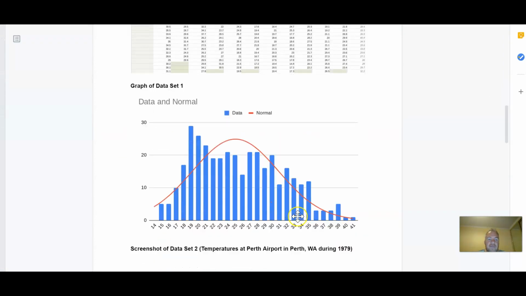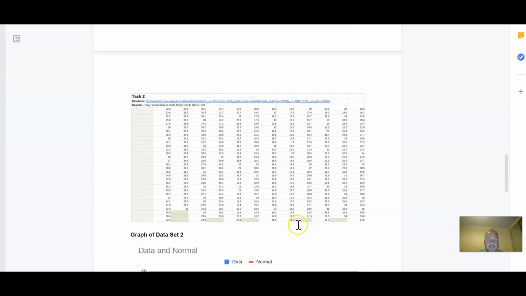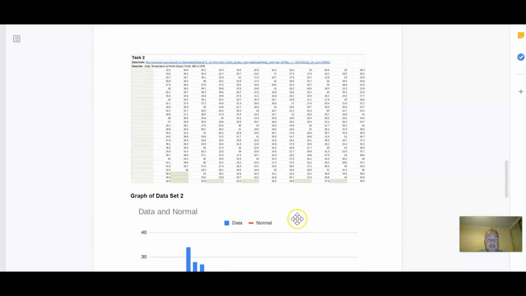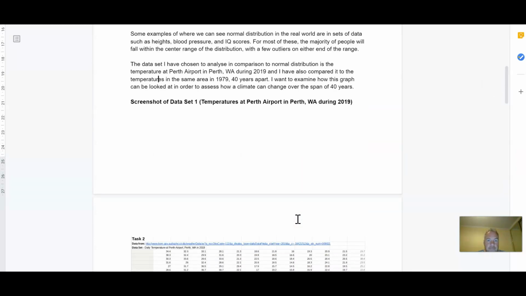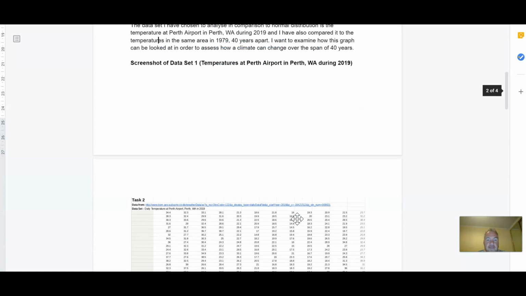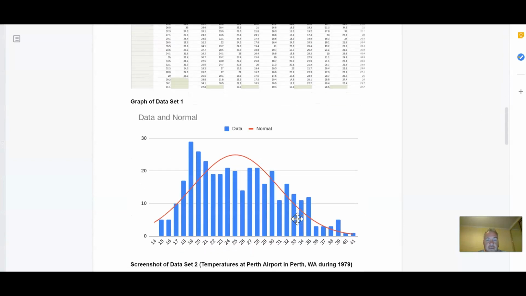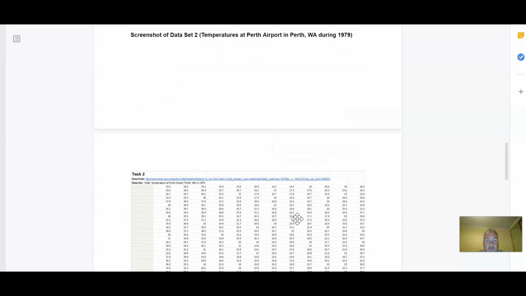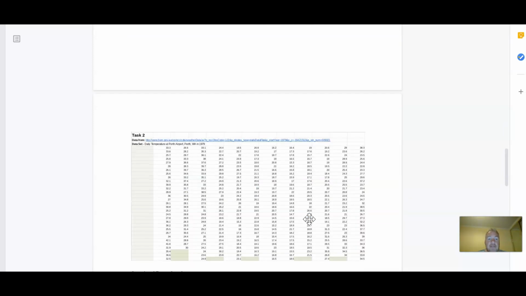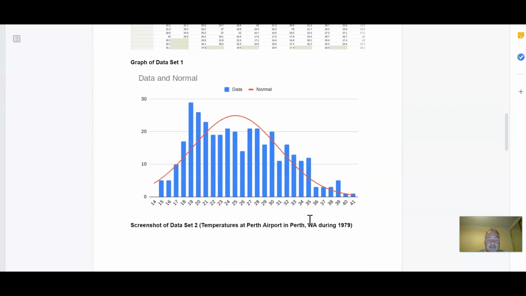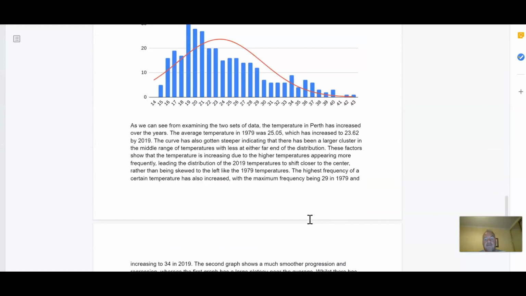They've looked at temperatures in Perth, and they've got two graphs, one from 2019 and one from 1979. And you can see the 2019 and the 1979 are different.